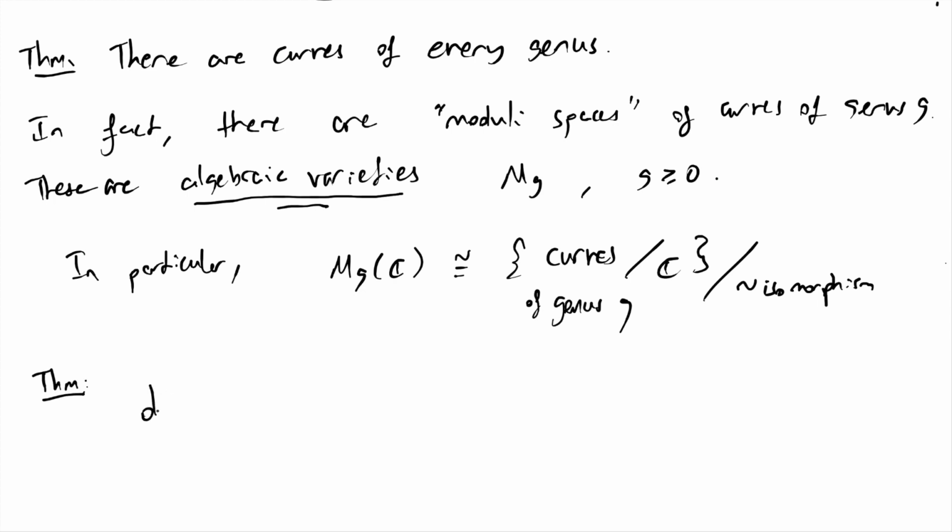So we know the dimension of Mg. The dimension is 3g minus 3, and this holds true only if g is at least 2. The dimension is 1 when g equals 1, and 0 if g equals 0.